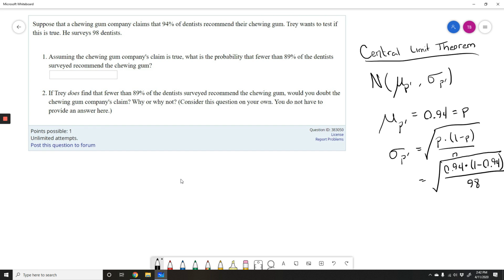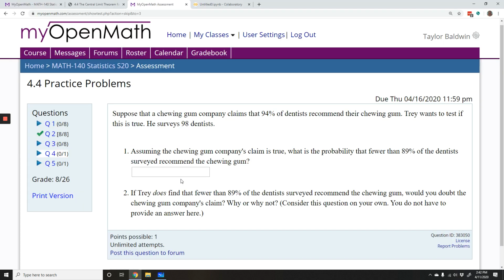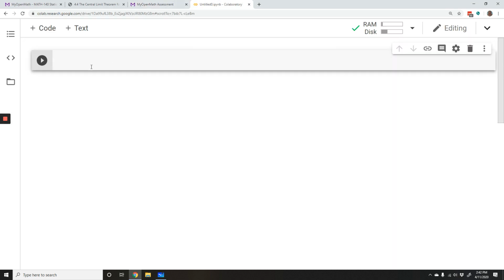Okay, so let's start off by plugging that into our notebook, because that's going to be an important part of what follows. So our population proportion, I'm going to store it in here just so we have a reference. Our population proportion was 94%.